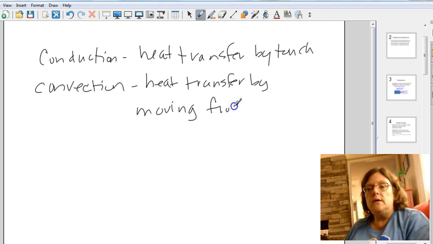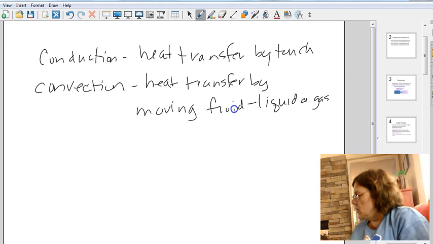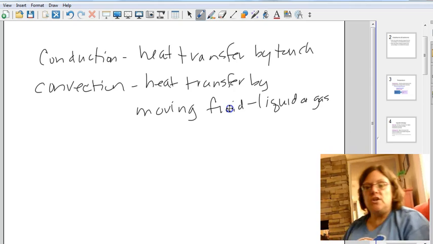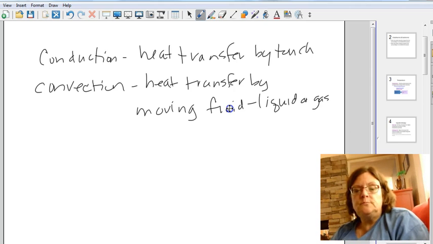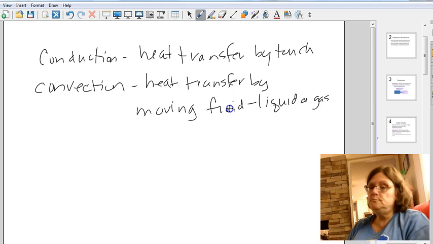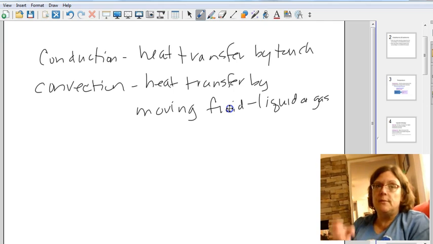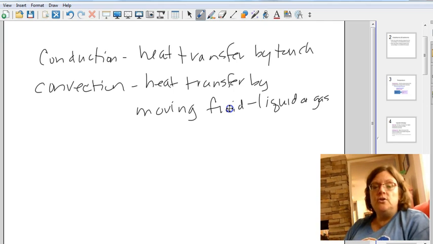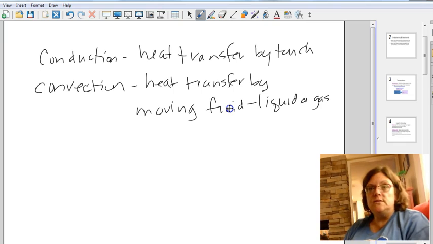A fluid is a liquid or a gas. So, as gases change and move, or liquids, as they heat up, they change shape. A solid doesn't change shape as you heat. Well, it changes shape, but it's not enough. But you get different densities with the fluids as you heat them and cool them.